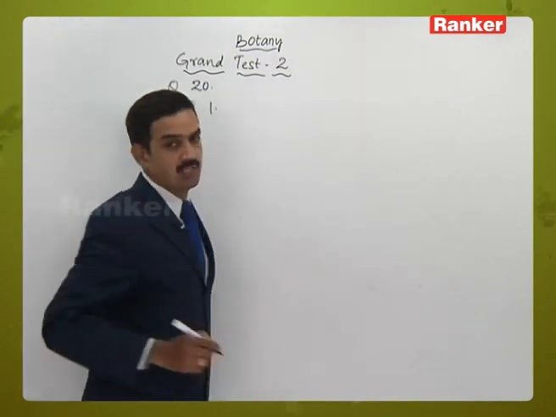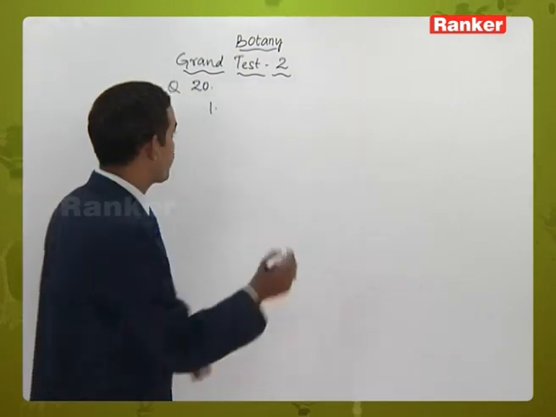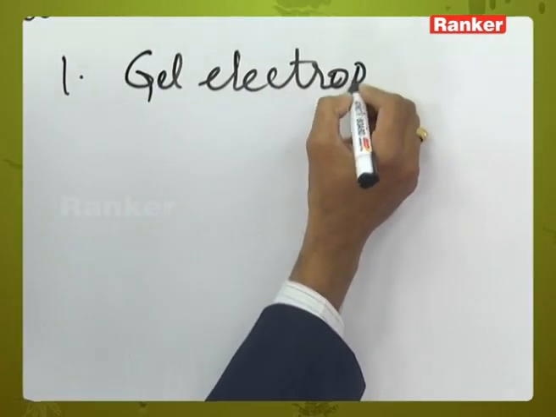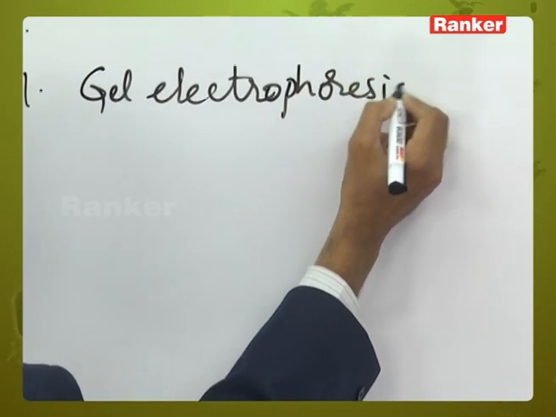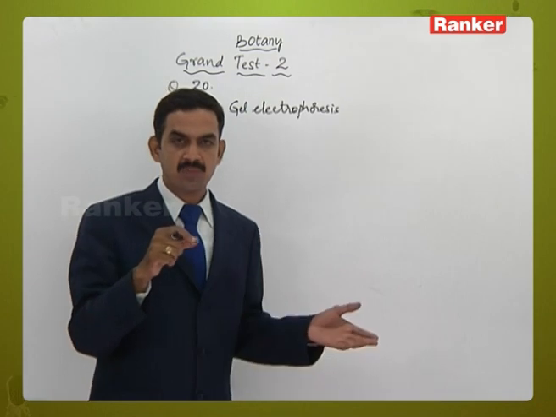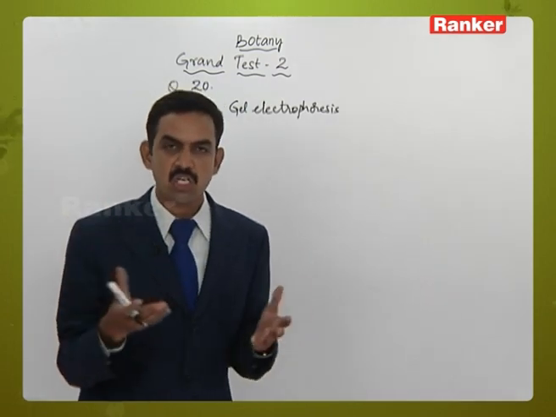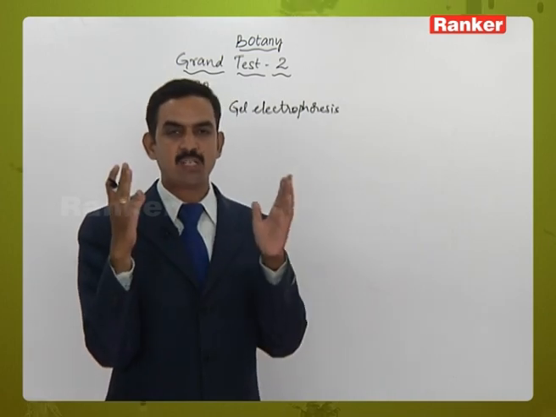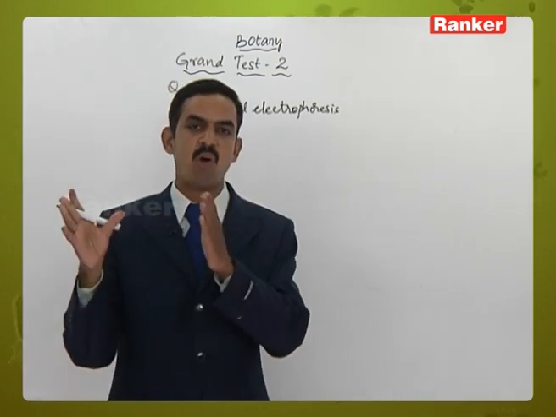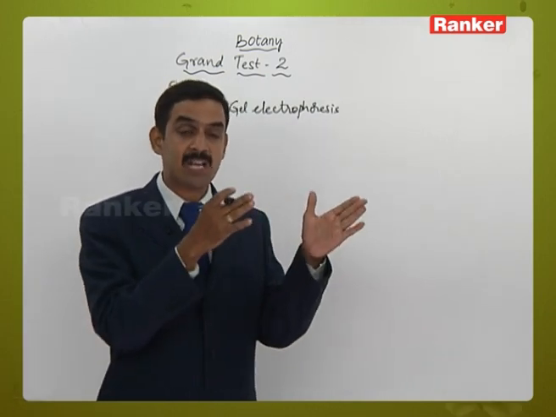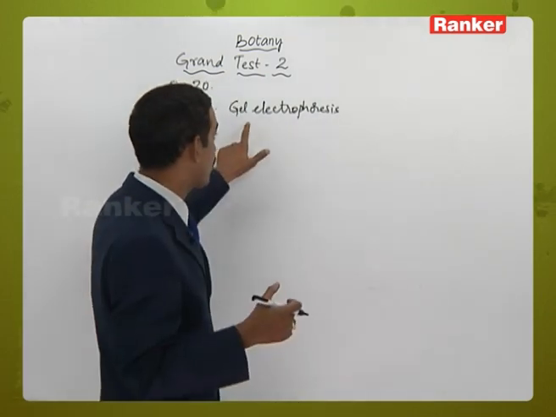Now the first one is a question related to gel electrophoresis. Gel electrophoresis is done for separation of the DNA fragments after the activity of restriction enzymes, because when restriction enzymes act on the DNA, they cut it into small fragments called DNA fragments, and those fragments are separated with the help of gel electrophoresis.